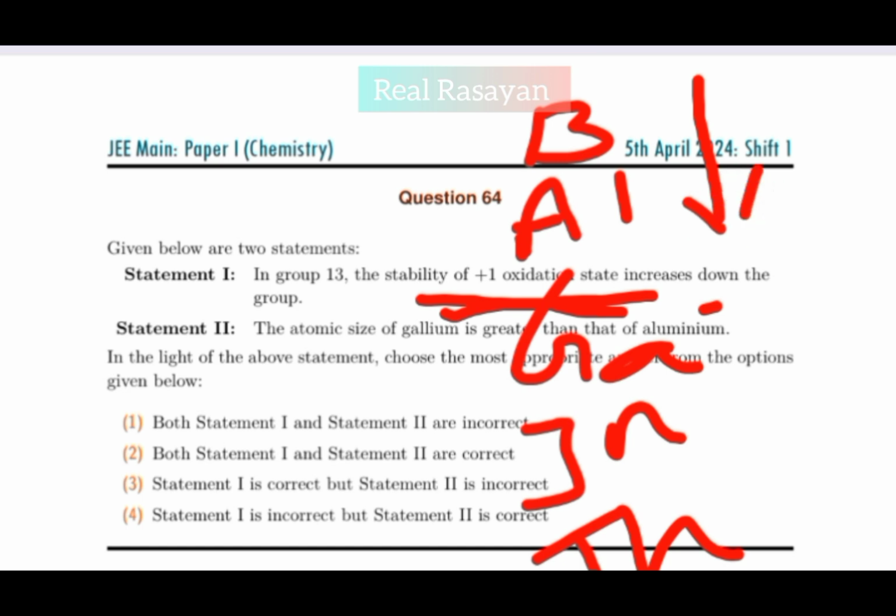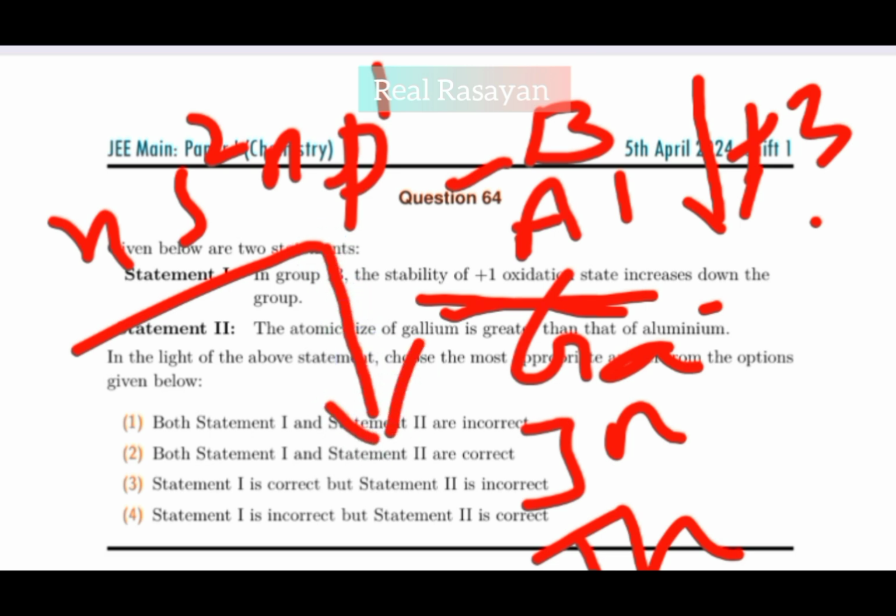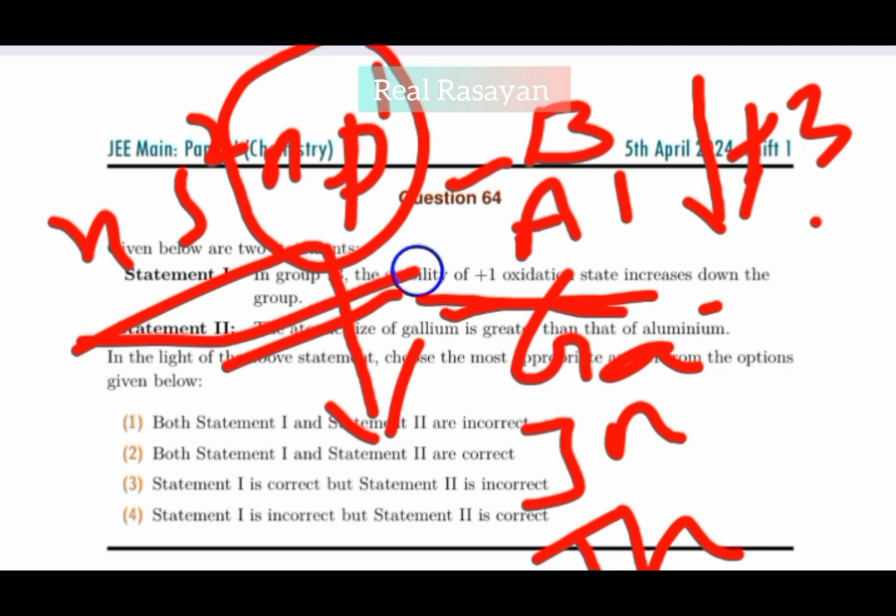So the valence electrons in these elements are 3, that is ns2 np1. That is the outer electronic configuration of the elements. So on moving down the group, +1 oxidation state is more stable compared to the +3.